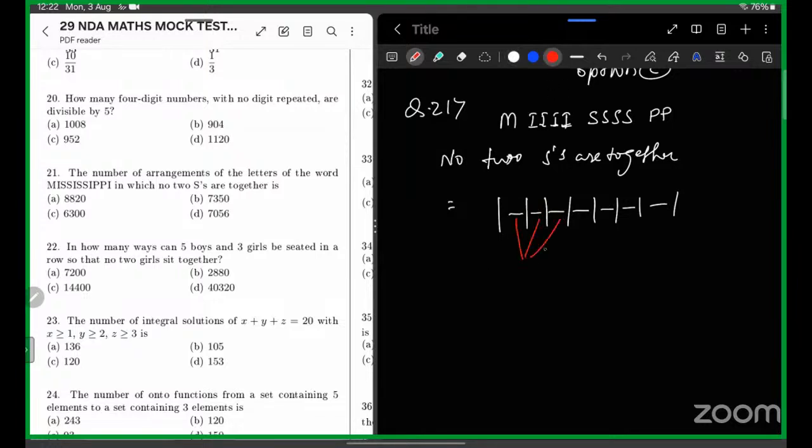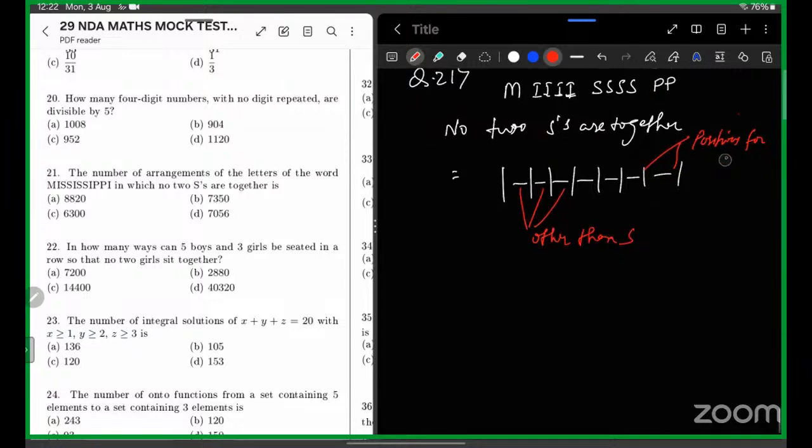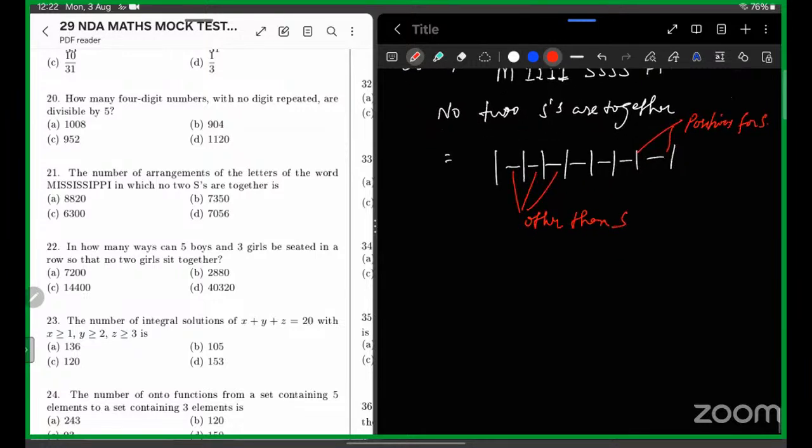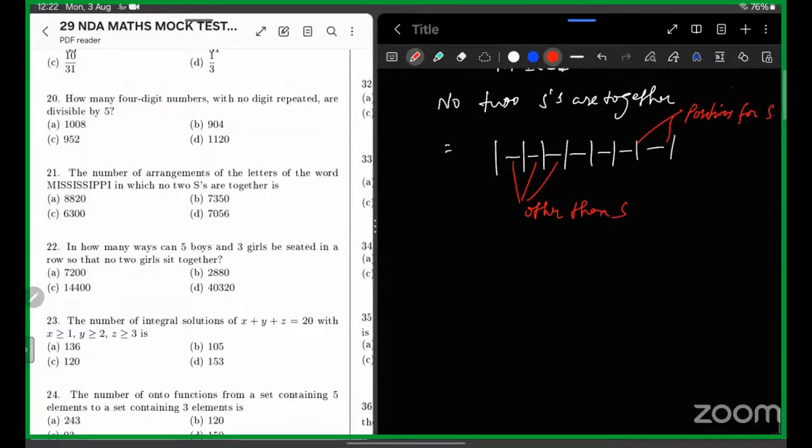These are the positions of the letters other than S, and these are the possibilities for the S.